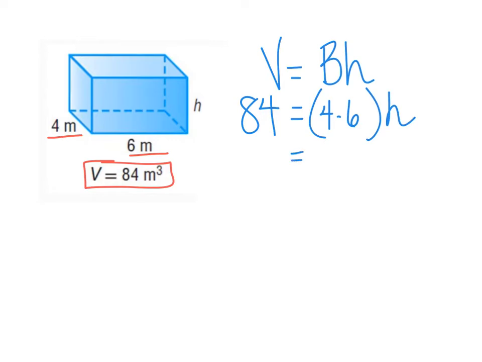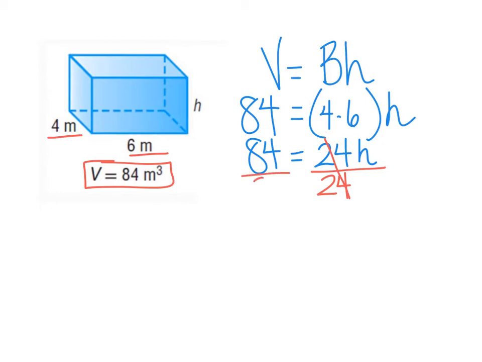Again, I'm going to simplify by multiplying 4 times 6 to get 24. That is being multiplied by H, and I have 84 over here. I have to solve my equation to find the value of H. It is a multiplication equation. 24 is being multiplied by H, so I'm going to use the inverse operation of division to get H alone. 24 divided by 24 equals 1, those cancel out.